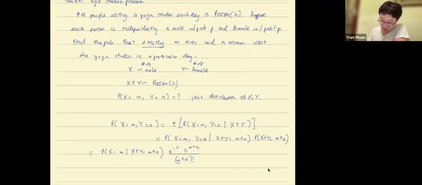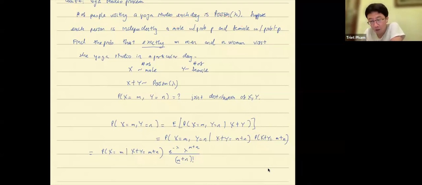Because each person is independently a male with probability P, and we're given the sum. You can think of each person as a trial with success being a male. No pun intended here, it's just P in that context. You can switch to female if you like it better that way.